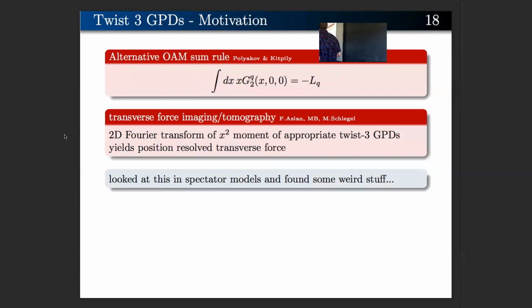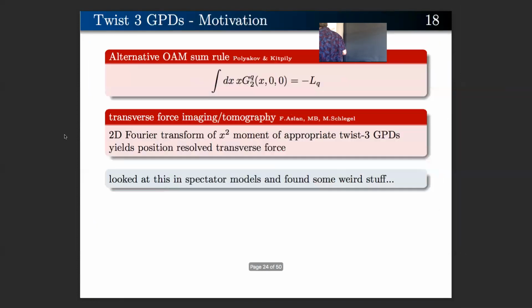But then there was Yoshida's paper. Sorry, but for the rest of us, what's the answer? This is G. Yes, we're both going to talk about it, but that's G2.